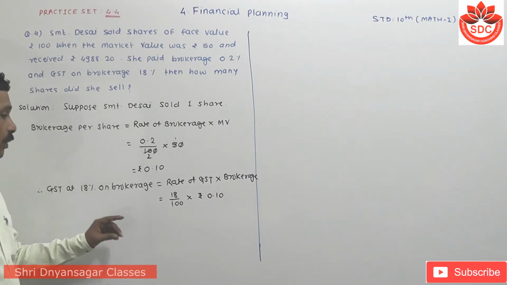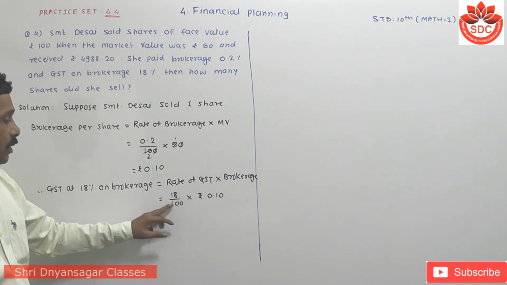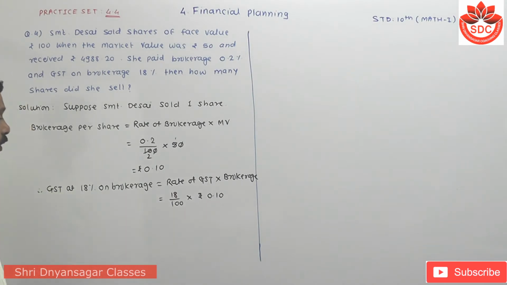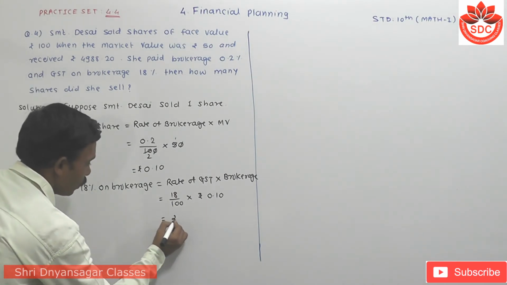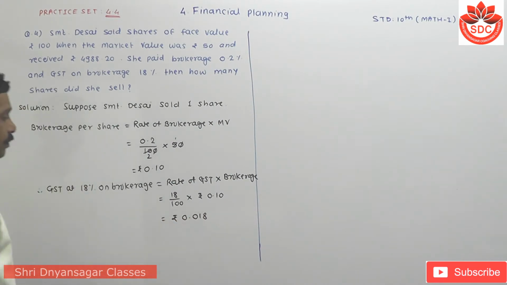Then student, when we divide it, it becomes 0.18 into this 0.10, then it is equal to rupees 0.018. Now we have to find out the selling price of this share. Now you have to find out here the selling price.